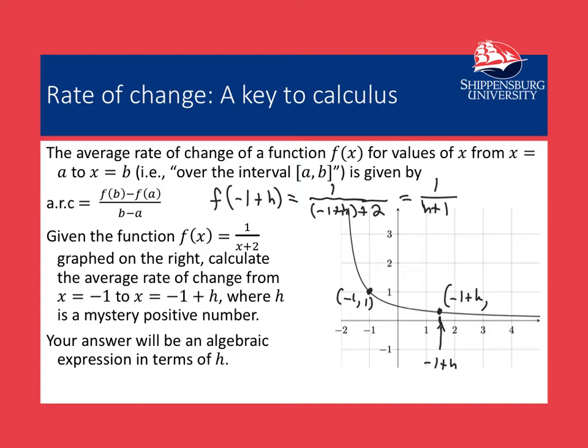So the reason for doing that calculation is that that is my output from the function, and so that's my y-coordinate of that point. And now I'm in business because I have labeled the 2 points. That's all that I need to be able to use the rate of change formula, is to have a representation for the 2 points.